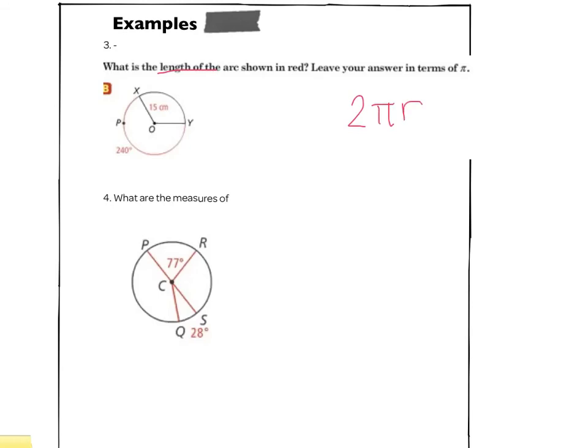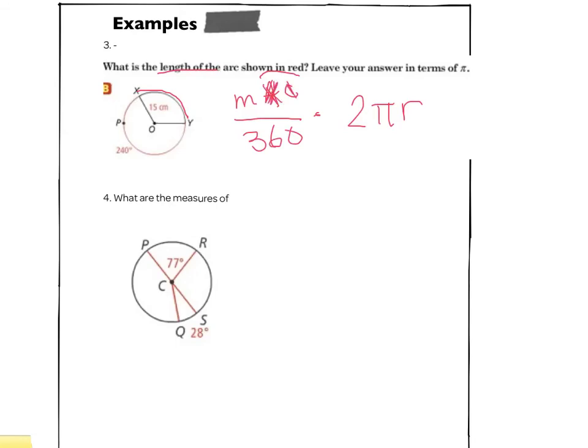That's just that expression that I need. Now I need to know what is the ratio between the measure of arc XY, because that's what they want. They want this arc here. What is the measure of arc XY? And then what is the total amount of degrees in any circle? Oh, it's 360. Yeah, that's right.